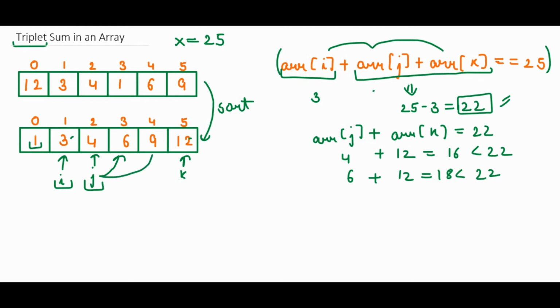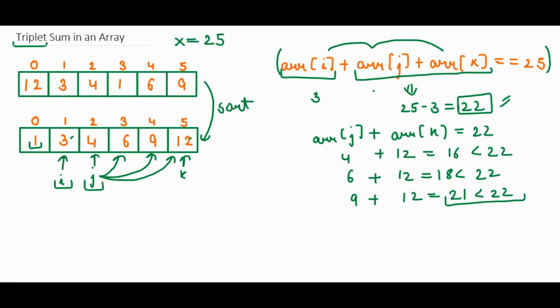Now we will move our j. Now it will become 9 plus 12, which is equal to 21, still less than 22, right? As we know, we cannot increase further. So this traversal has also not given us the right answer.